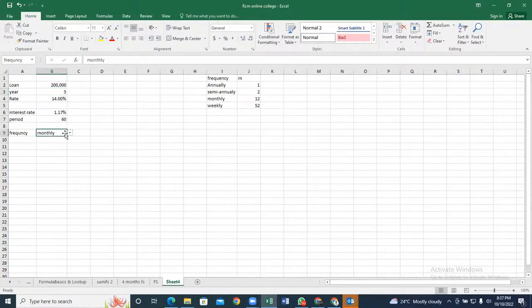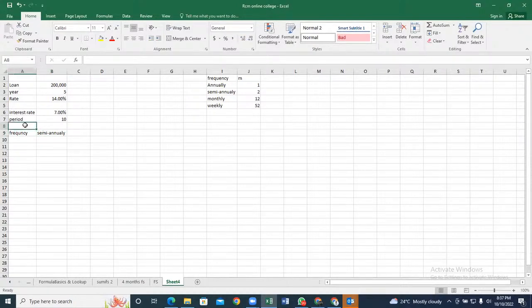So by doing that, I've automated these two. That is, if I change it to semi-annually, it will take number of years, multiply by 2, and interest rate divide by 2. So we've automated our keys.